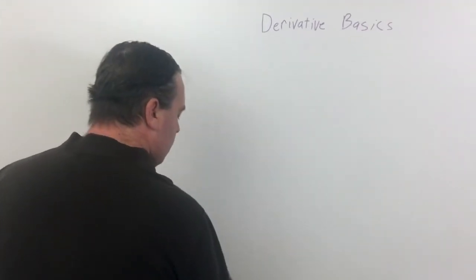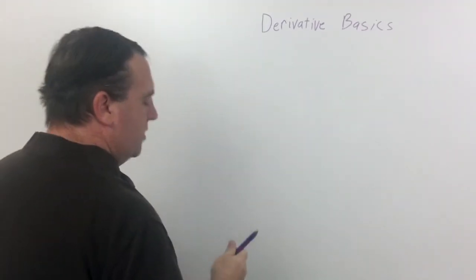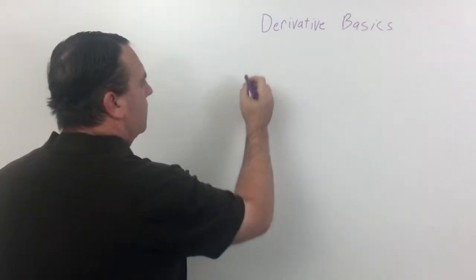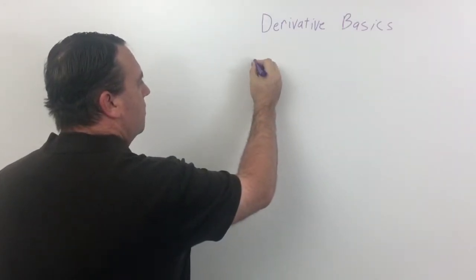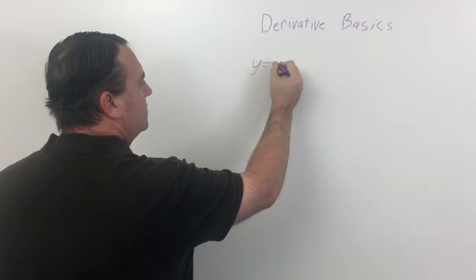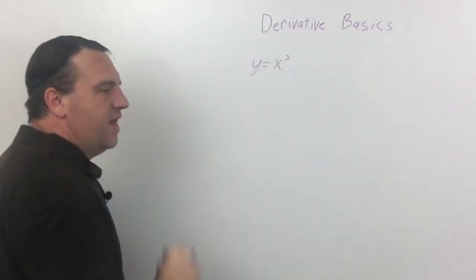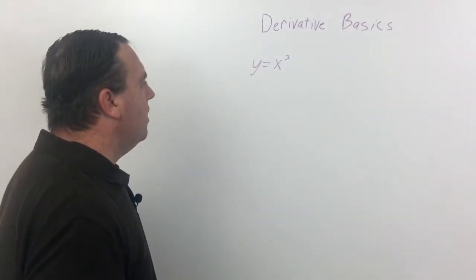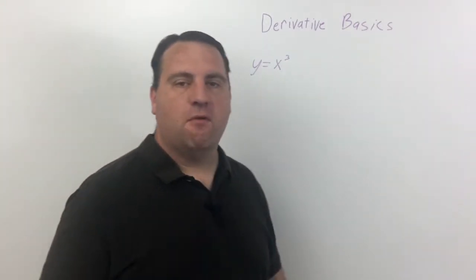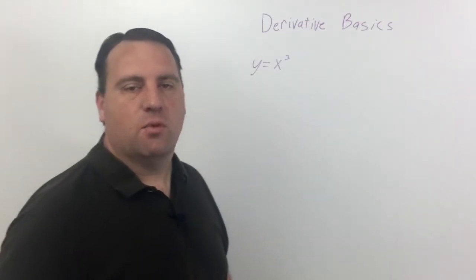So let's look at another equation. Let's say y equals x cubed. Okay, so let's take that equation, y equals x cubed, and we want to know a formula for the slope at any given point.